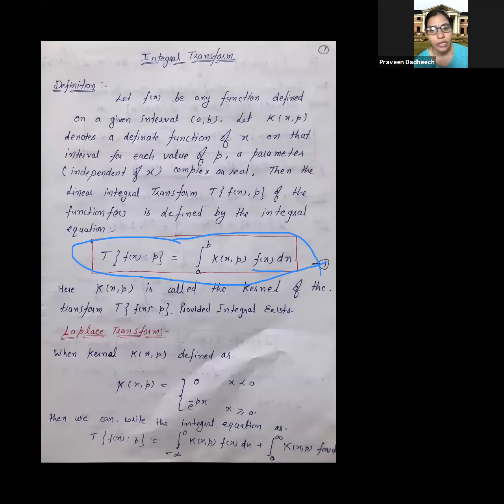Now K(x,p) is known as the kernel of the integration, which is a function of x and a parameter p. The parameter p is independent of x and it can be complex or real.